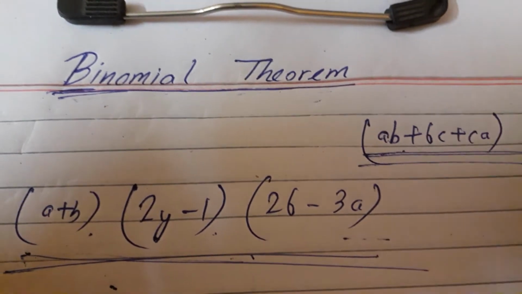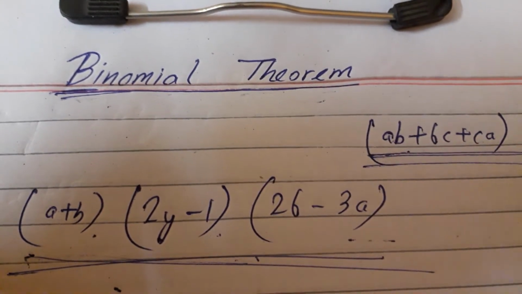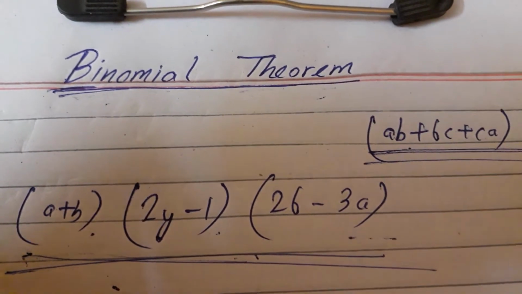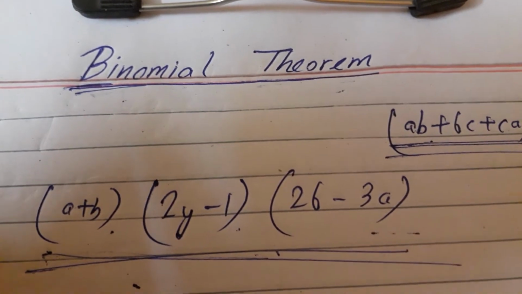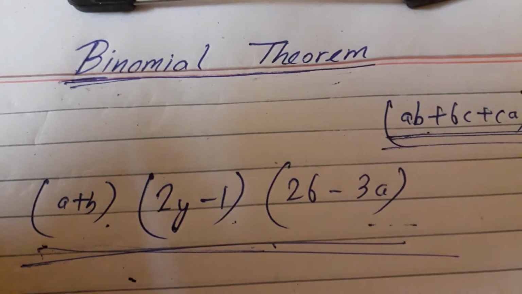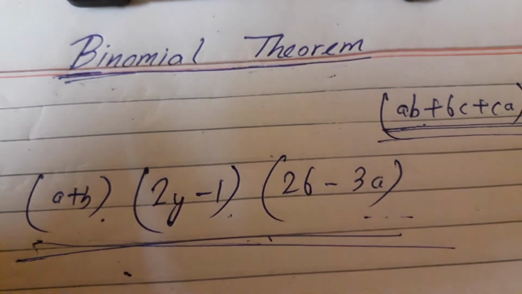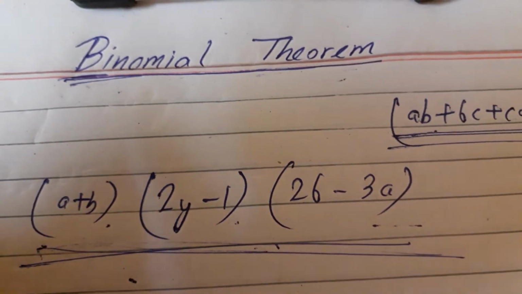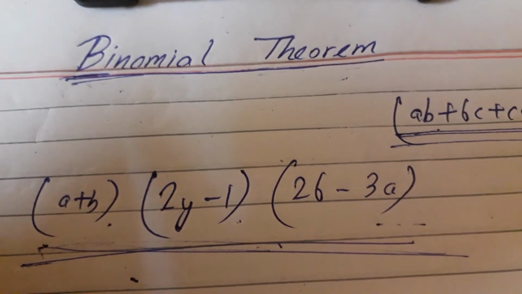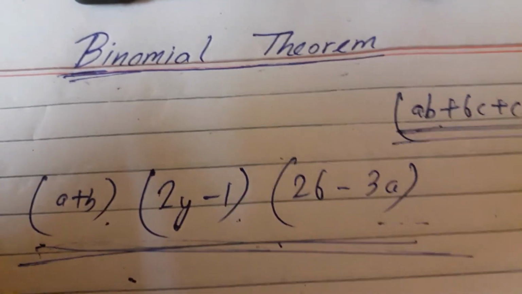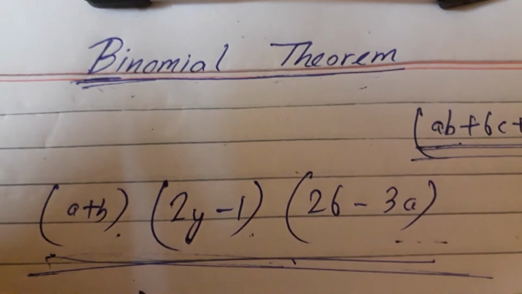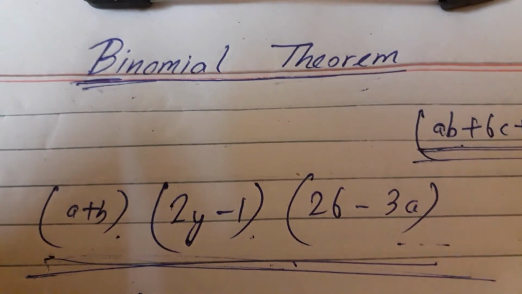Later on we will learn about the multinomial theorem, but first we have to learn the binomial theorem, which is used in binomial expressions, meaning any algebraic expression containing only two terms. So this is what the chapter is about.